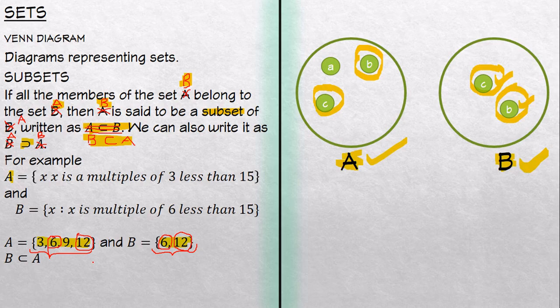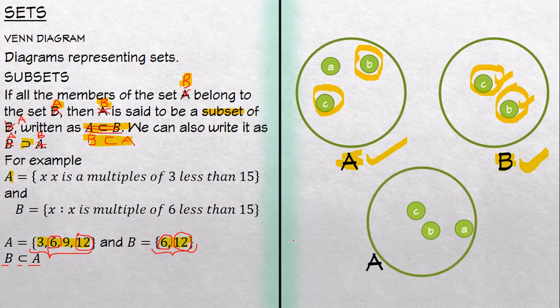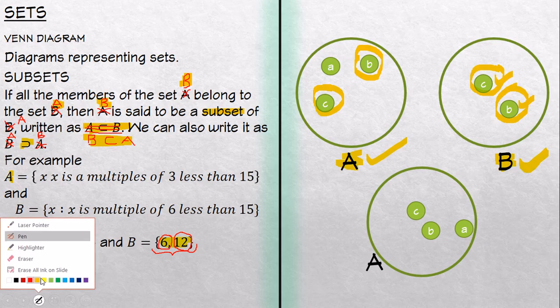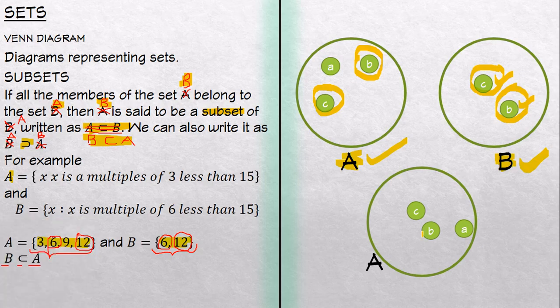So it means that B is a subset of A. So if we have this over here, then B is contained in A, and that is how it is represented.